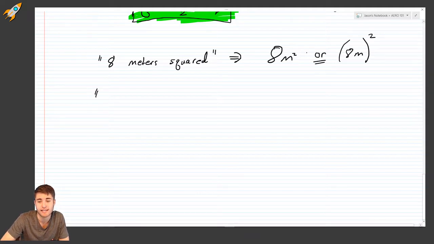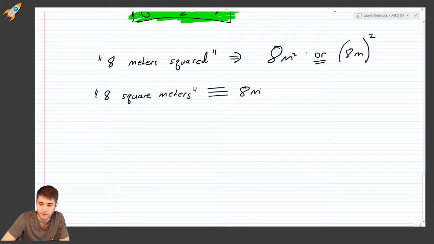But if you say 8 square meters, then there's no ambiguity. That means it always equals 8 meters with a superscript 2 after the meter sign. So this is 8 square meters. 8 meters squared could mean two entirely different things.